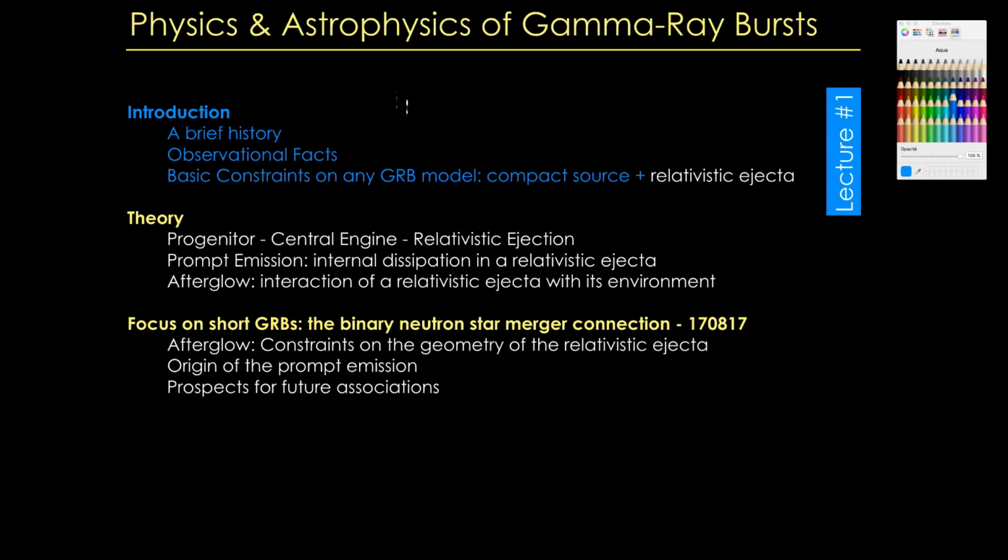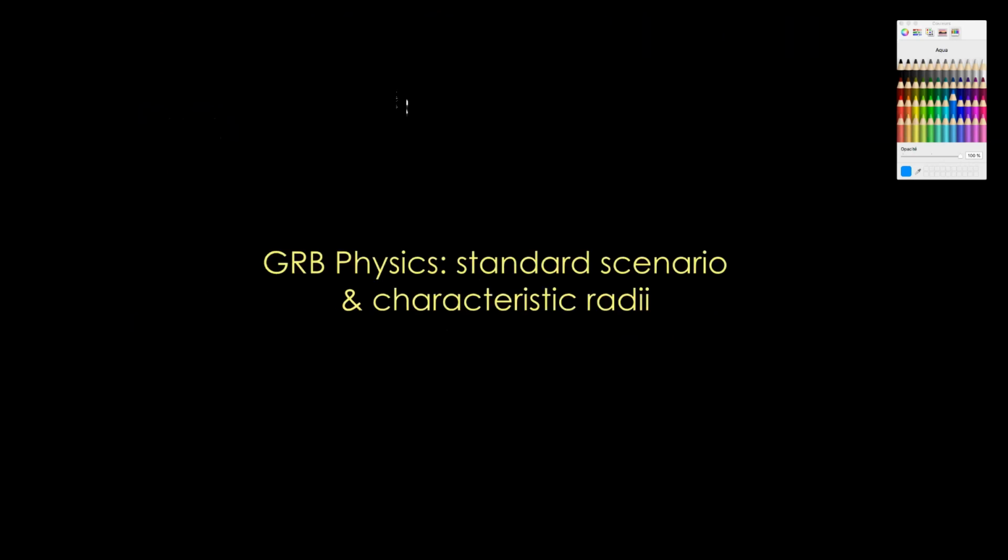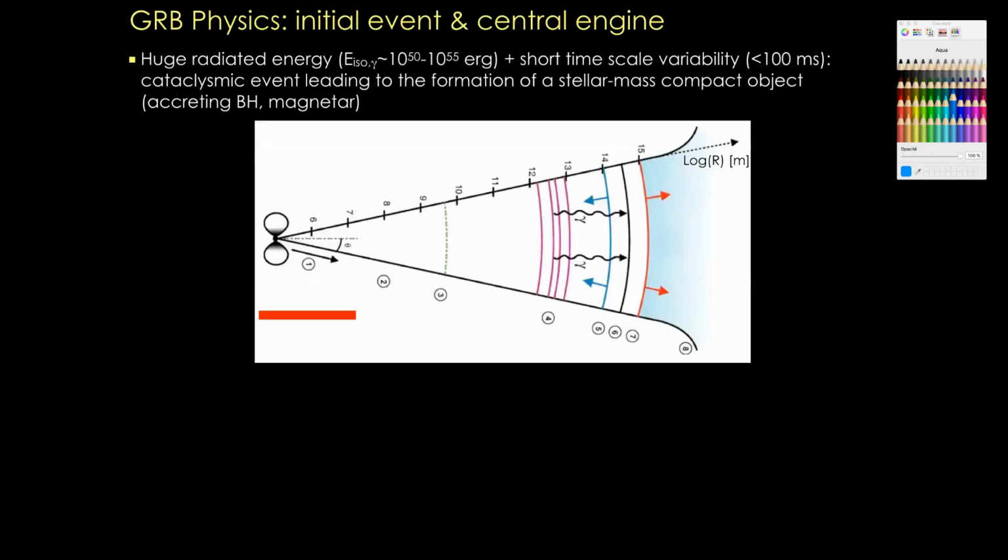Okay, so if you remember, we gave several arguments to say that gamma ray burst, either short or long, must be associated with an initial event, which is a gravitational collapse, leading to the formation of a very compact source, either a neutron star or more probably a black hole.